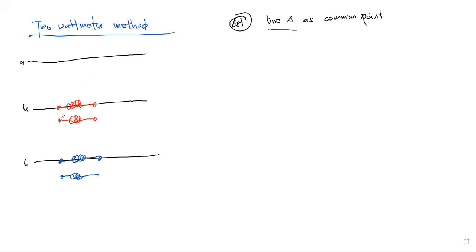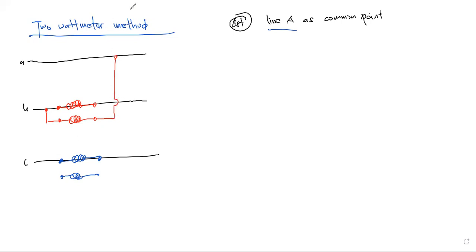So wattmeter 1 will have, since the current coil is connected in B, the terminal of wattmeter 1 for its potential coil will be connected to B also. So that is in line B, whereas the other one is connected to line A.